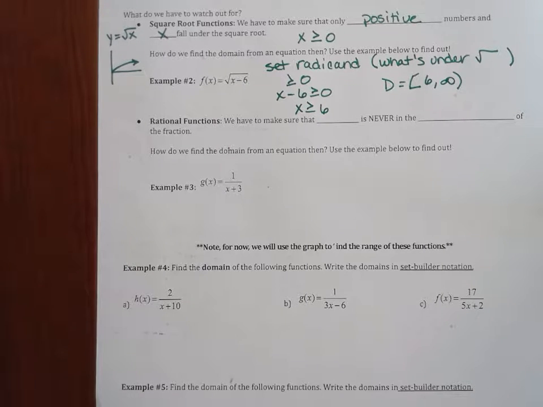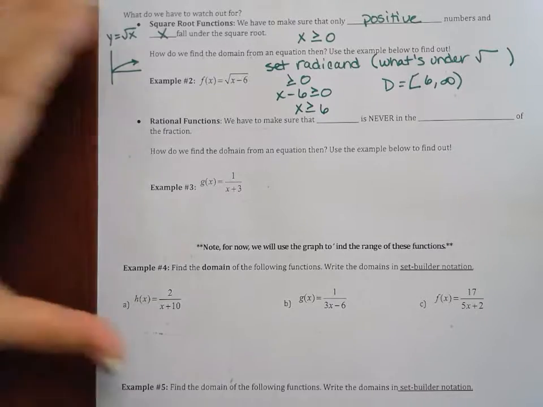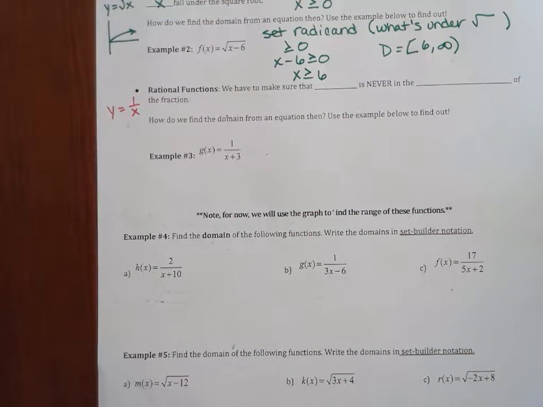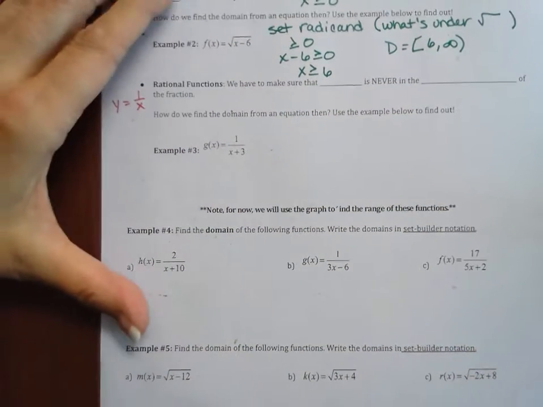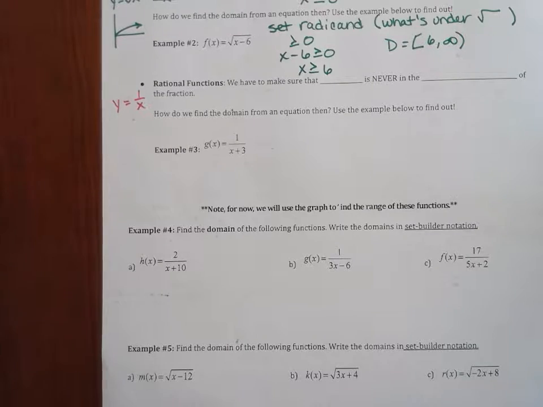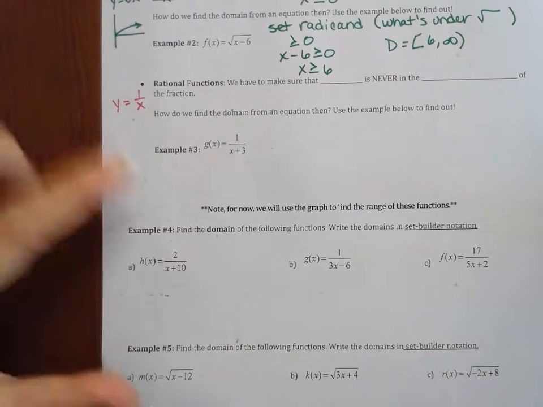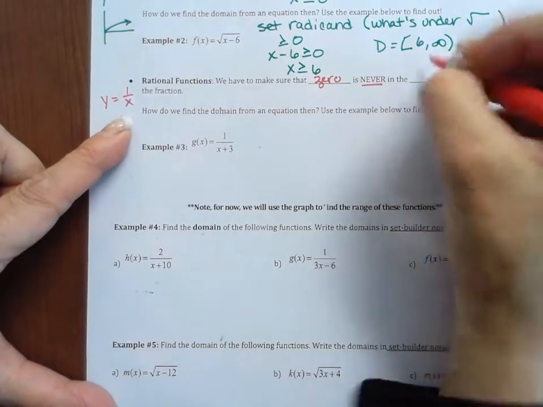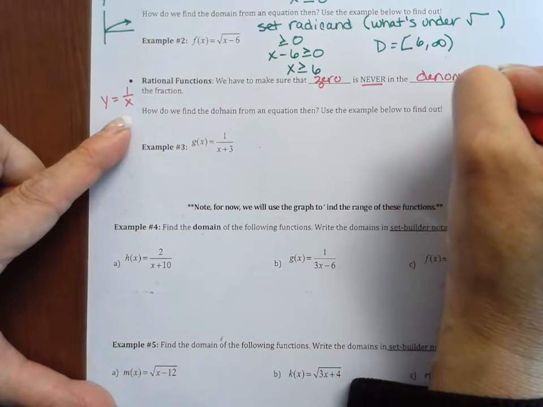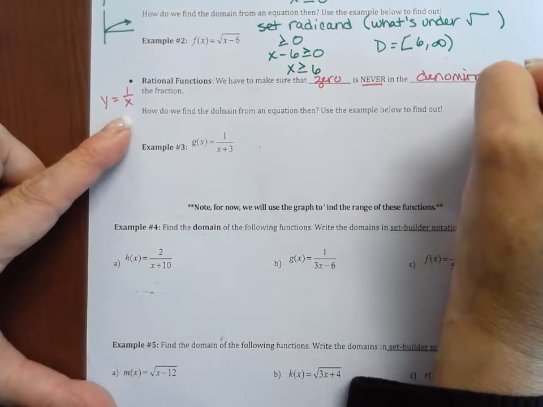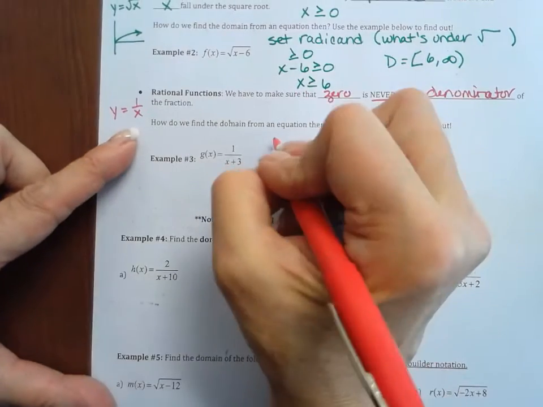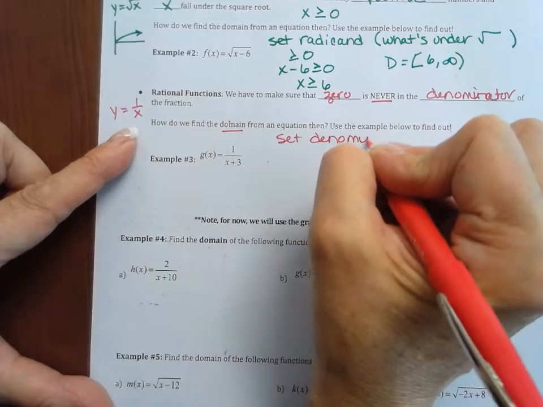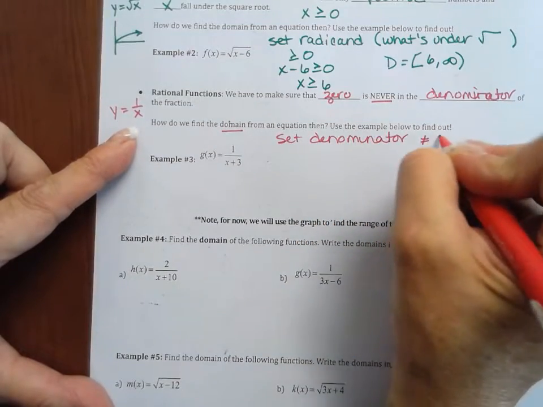All right, let's talk about the rational function. Okay, that was our y equals 1 over x. Oh, somebody said, Anna said, you can't divide by 0, right? That means I can't have 0 in the denominator. So, never in the denominator. Okay? So, that means to find my domain, I set the denominator so it can't equal 0.